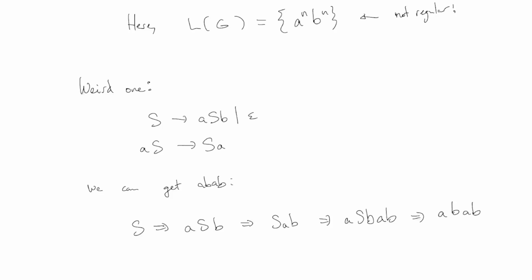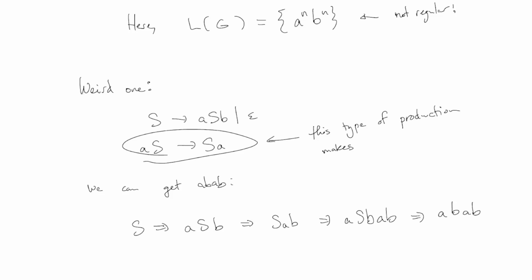It's still true that they have to have the same number of A's and B's, but there are some weird properties about how many A's to the left of B's there can be, which I don't want to get into. But I will just say, this type of production is allowed in a grammar, but it makes the language very difficult to analyze.